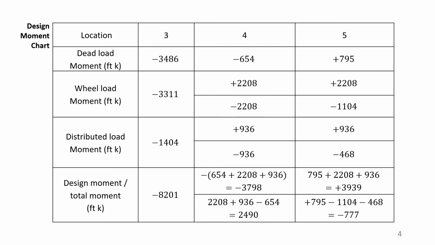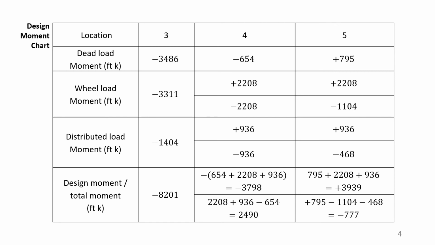These values are 2208 and 2208. And again the distributed load will sometimes be plus and sometimes minus. In calculating these values, dead load minus, wheel load minus and distributed load minus will give us a value of 3798 kip feet.